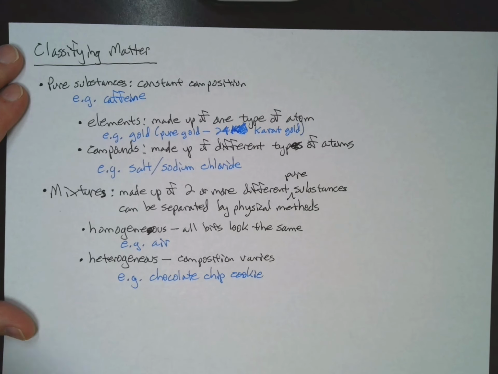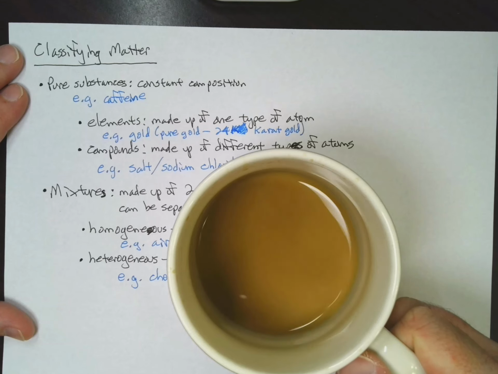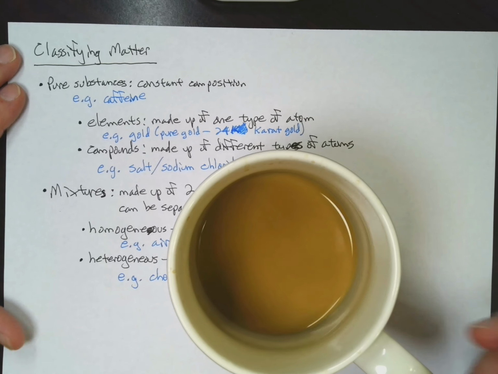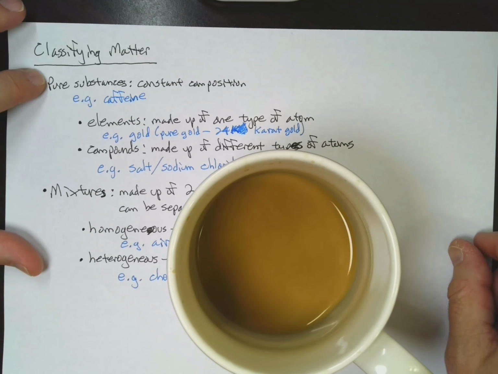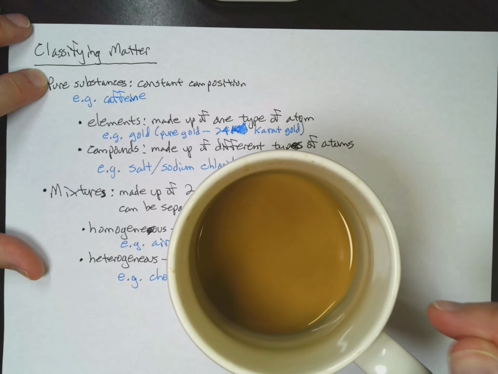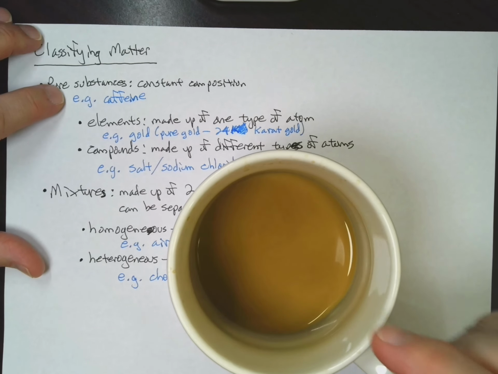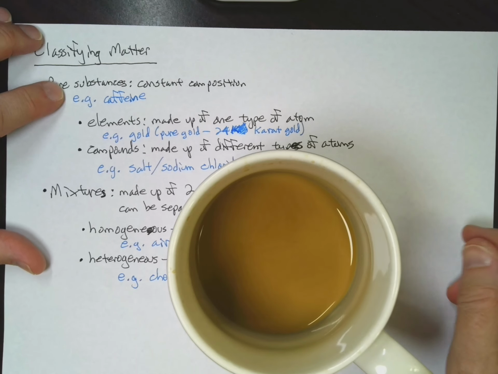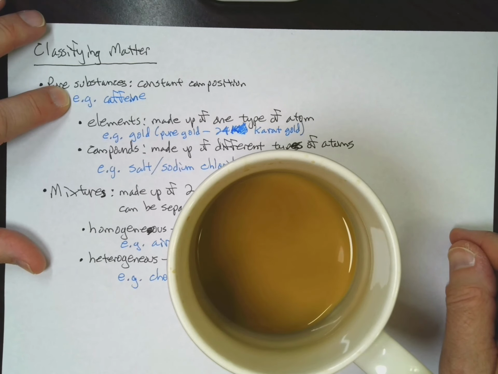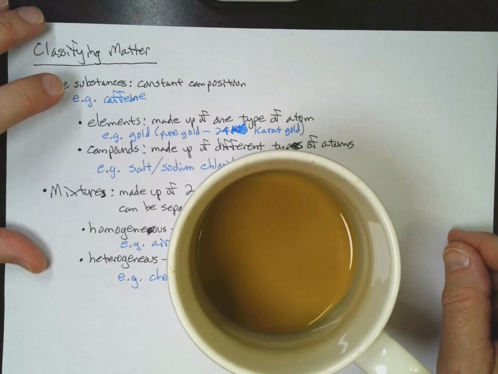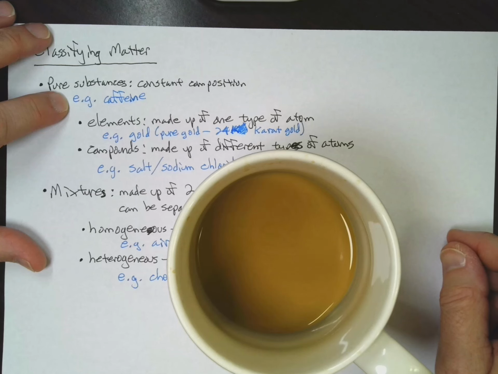Let's take a look at my coffee again. Here's my coffee. Now, where would it fall? Well, it's not a pure substance because the coffee, not the mug, is made up of a bunch of different things. There's not very much caffeine because it's decaf. It's got water present.